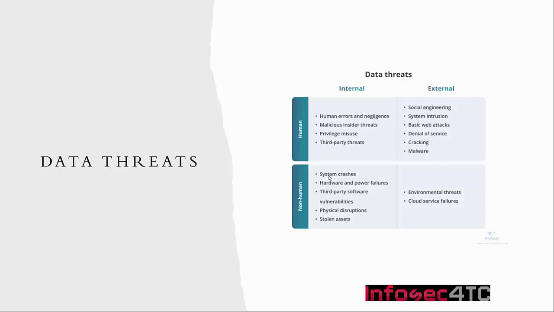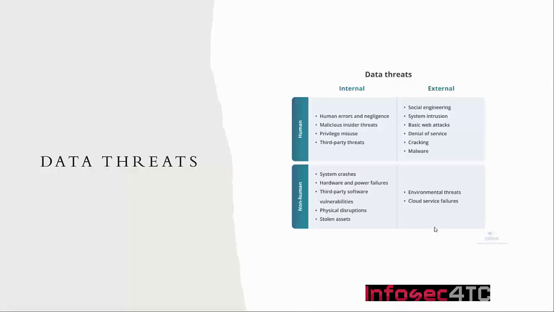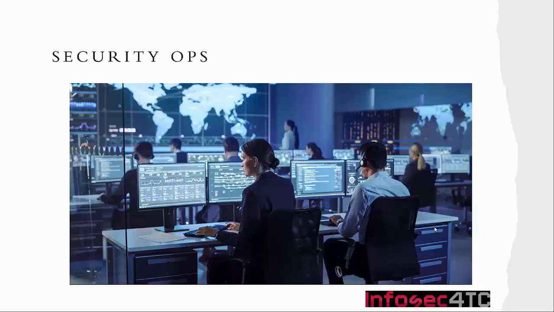We have also internal non-human threats like system crash, hardware, third-party and software vulnerability, physical disruption, stolen asset, and so on. And external non-human threats like environmental threats, cloud service failure, and so on. So data in all forms must be protected, as I mentioned, by implementing the right security controls.